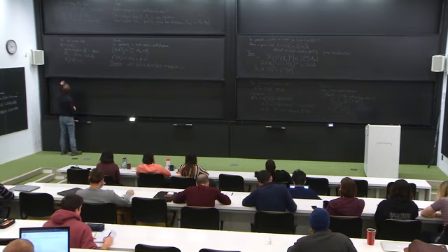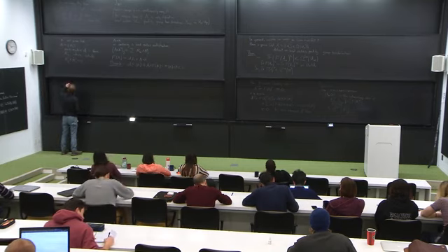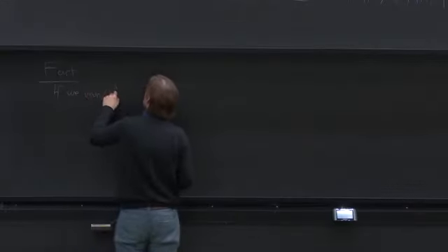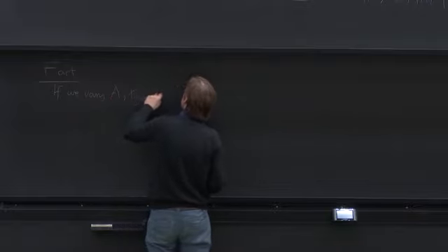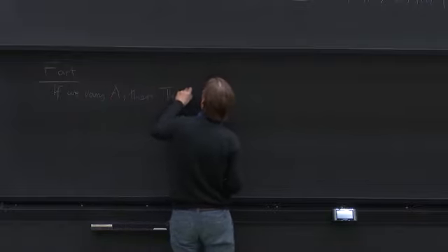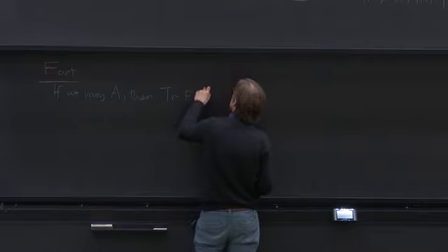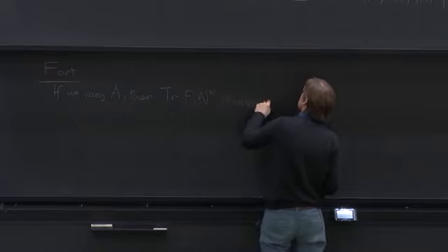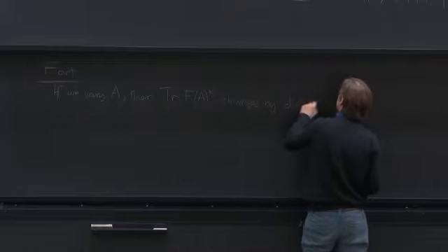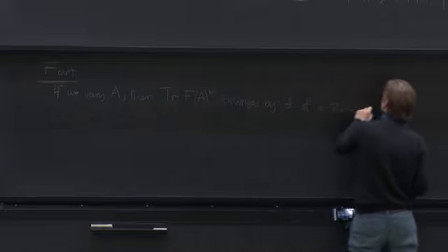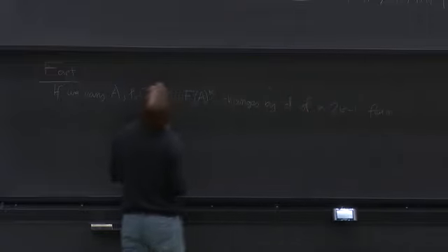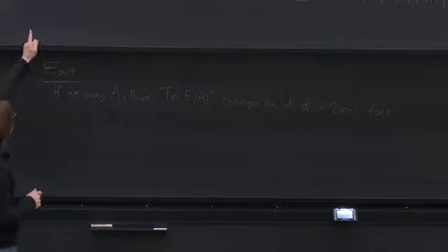So, fact: if we vary A, then trace of F_A to the k changes by d of a (2k-1)-form. This is a completely elementary computation. It's not hard. You can see it in that case.